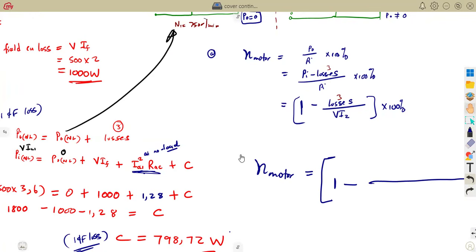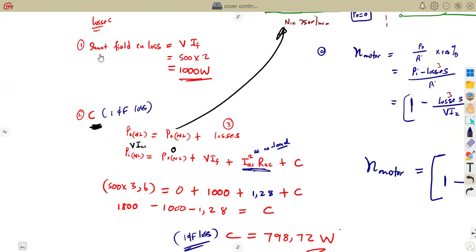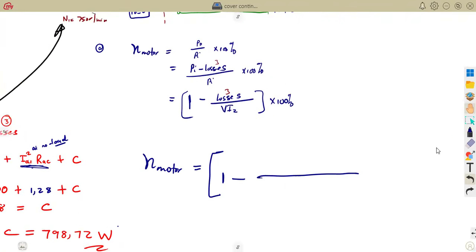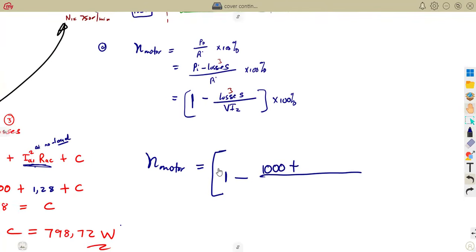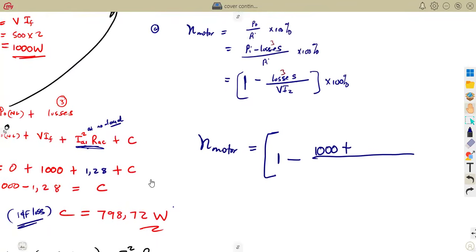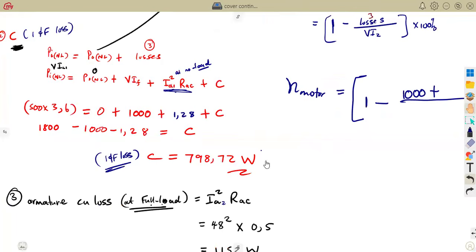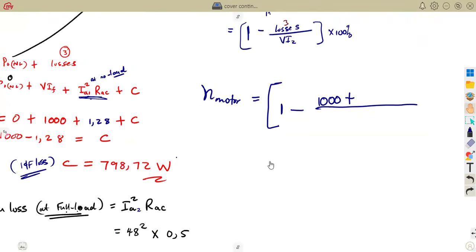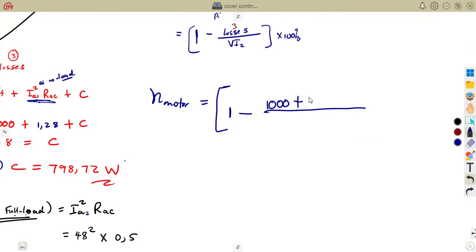All right. So let's take our losses. Remember the first one, the shunt field copper loss. We obtained 1,000. So this is going to be 1,000. Plus, we move to another one. Remember, we also calculated the iron, friction and windage losses, our C. So just combine those losses together. That's 798.72.